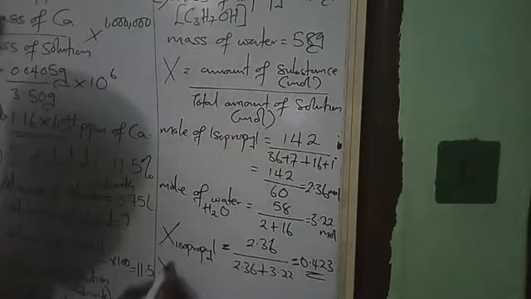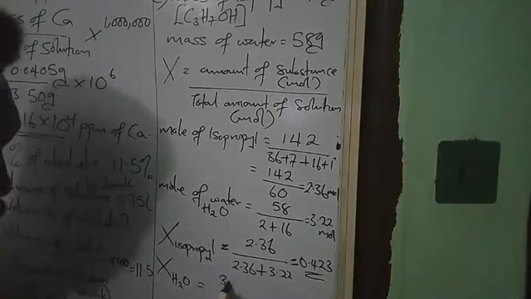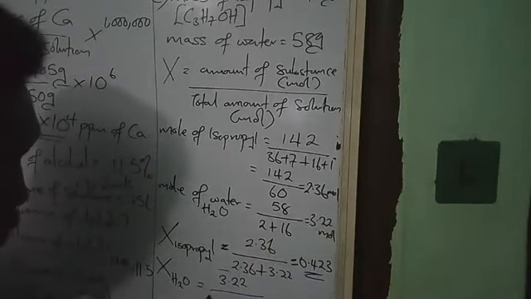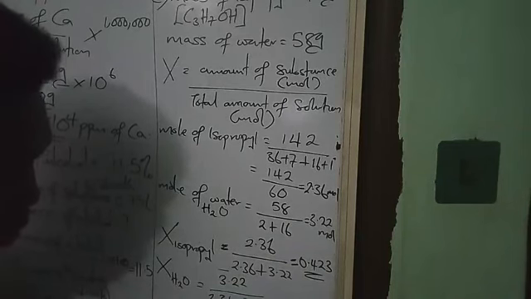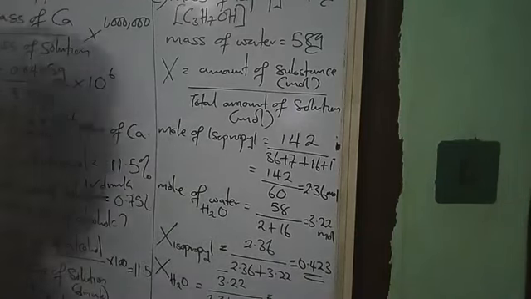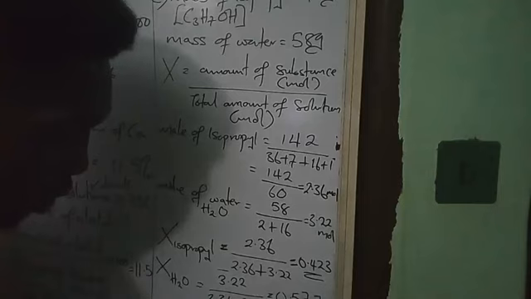When we get the mole fraction of water, that will be the mole of water, which is 3.22, over the total number of moles, 2.36 plus 3.22. That gives us 0.577.